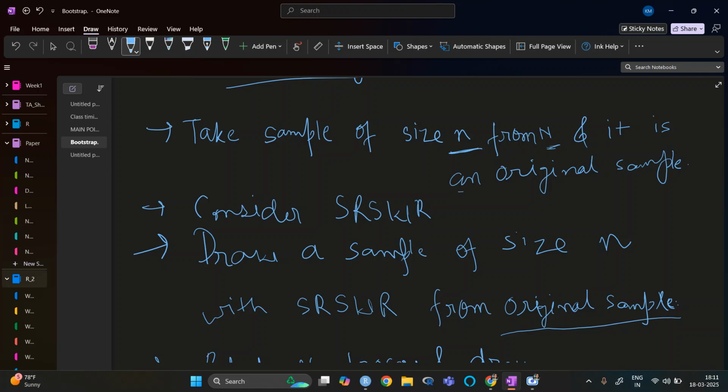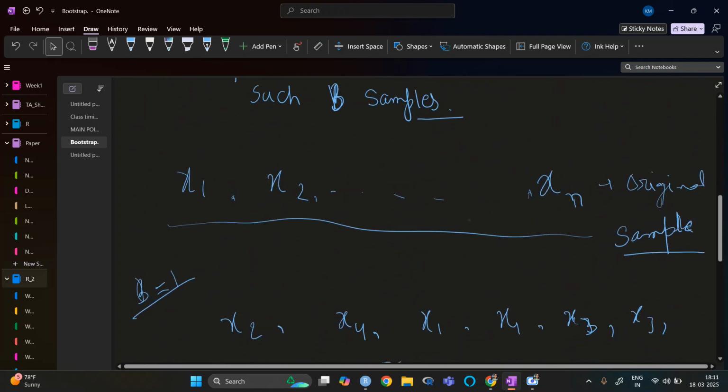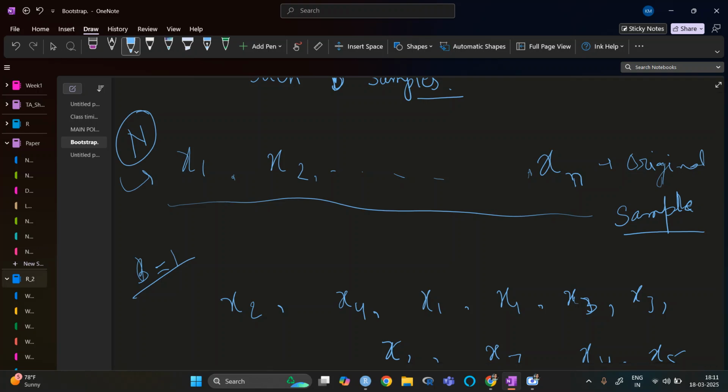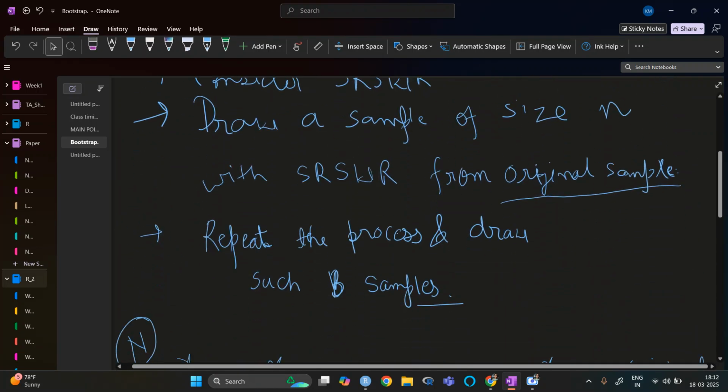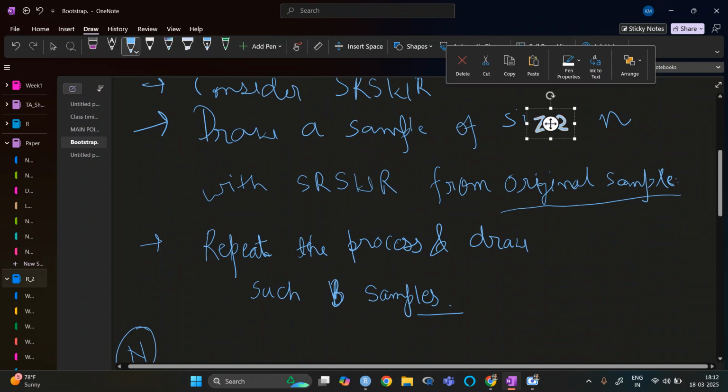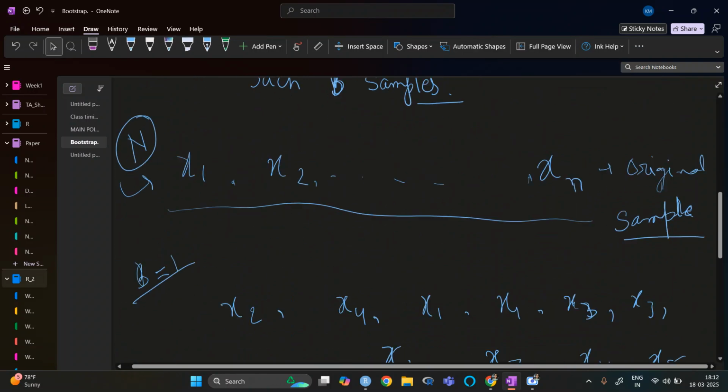So we are taking a sample of size n from the population of size N, and we are saying it is the original sample. And then here we are using replacement. Let's say I have a population of size N and I have taken a sample of size small n, and I am saying it is the original sample. After that, I draw a sample of size n with SRSWR from the original sample, then repeat the process and draw such B samples.